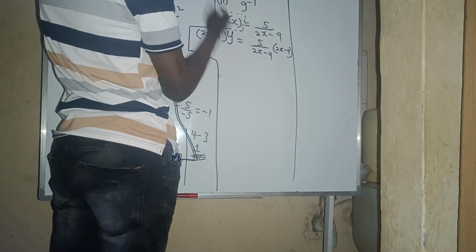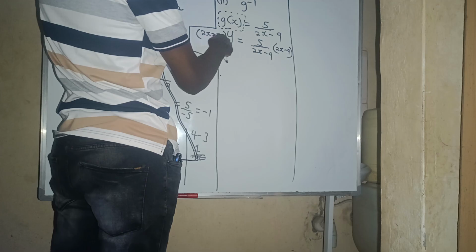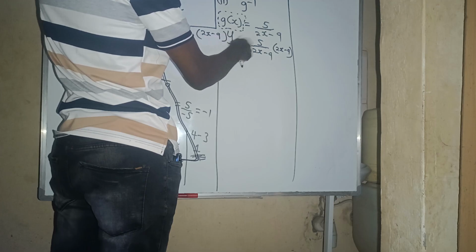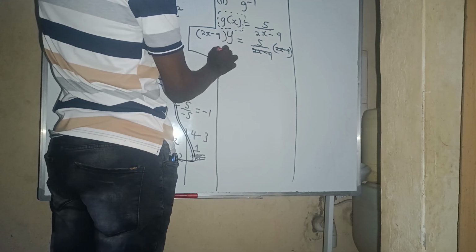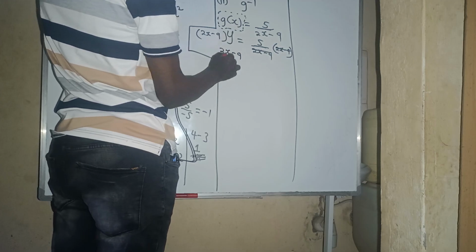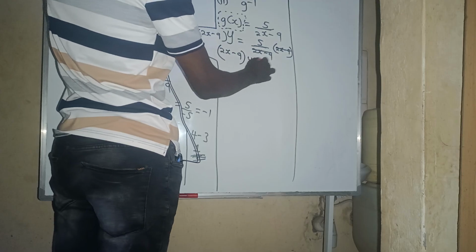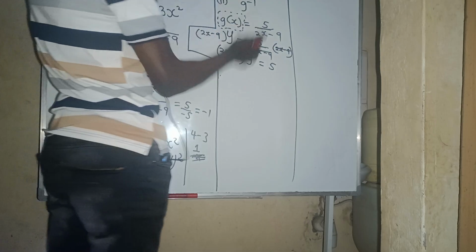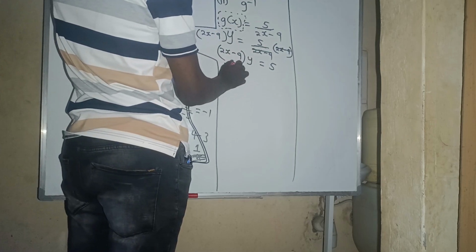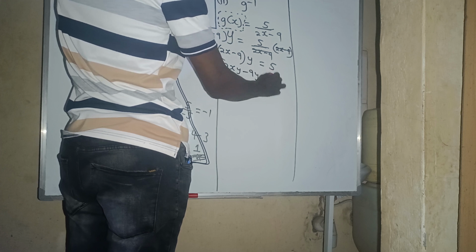So y is equal to this. So 2x minus 9, then we have y, and this is equal to, so this and this will disappear. So you shall have 2x minus 9, into y, should be equal to what? To 5. Then next, I can open the brackets. 2xy minus 9y is equal to 5.